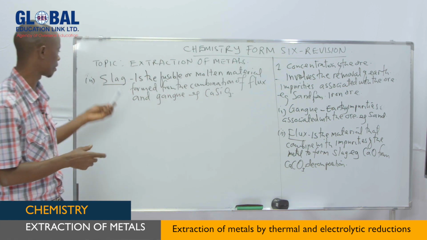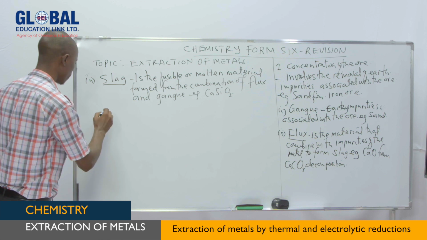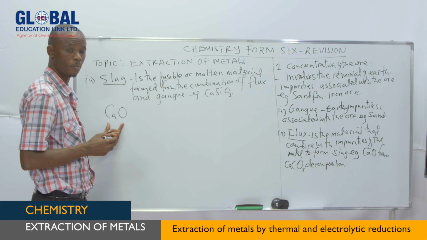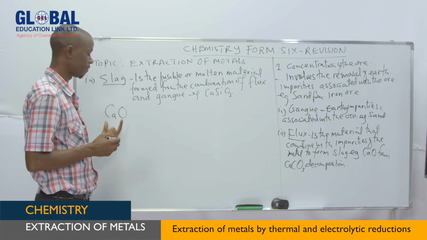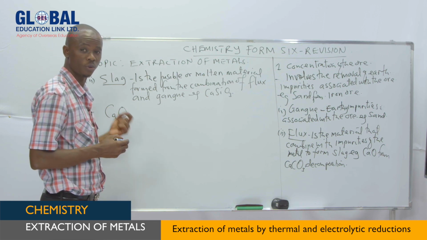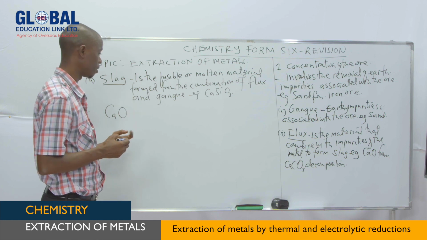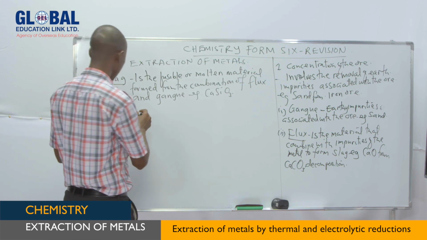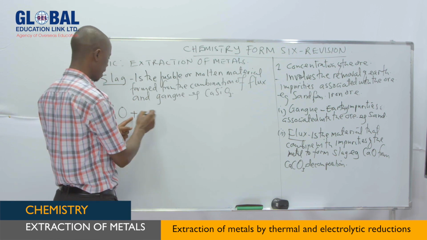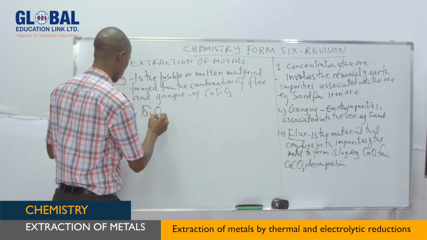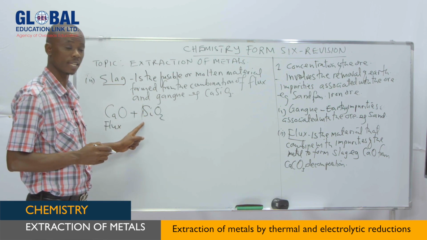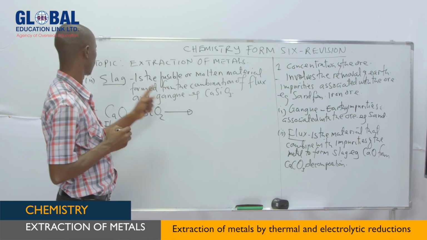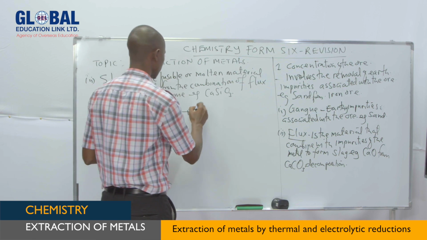Calcium silicate is an example of slag. So if we have calcium oxide from the decomposition of calcium carbonate added in the furnace when extracting the iron using hematite or iron 3 oxide, this flux reacts with the gangue, that is silicon dioxide, this is the sand, producing the slag, and this is calcium silicate.